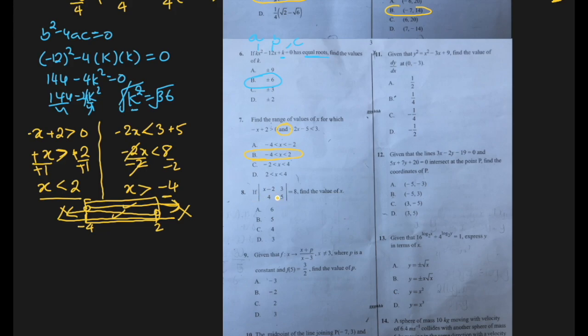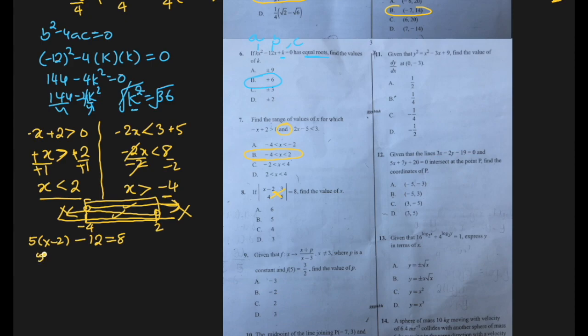Okay. Next is a determinant. This determinant is 8. Find the value of x. So for the determinant we will just multiply the two diagonals first. So 5 times (x minus 2) minus, we'll subtract the other diagonal, 4 times 3, 12. And this is equal to 8, they're saying.